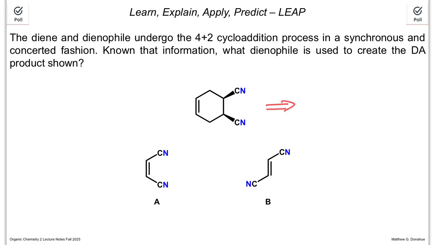You see the position of the alkene? That means the dissection has to happen there. So that's the diene. And either A or B is the dienophile. Without me saying anything else, which one do you think it is? Why do you say A? Because it's more reactive.